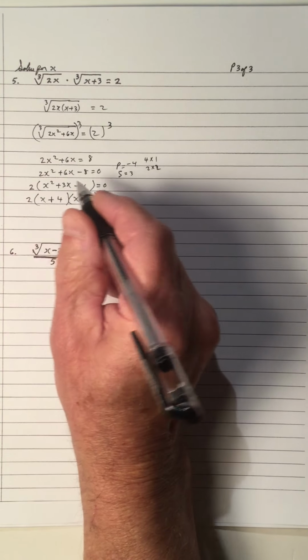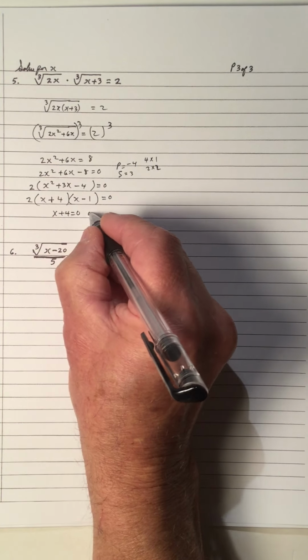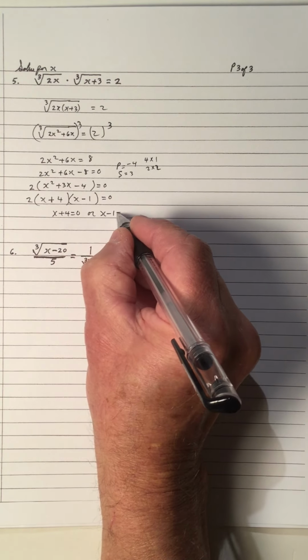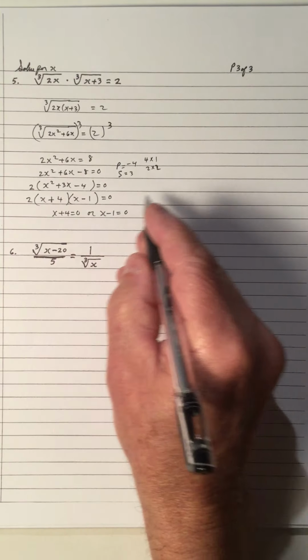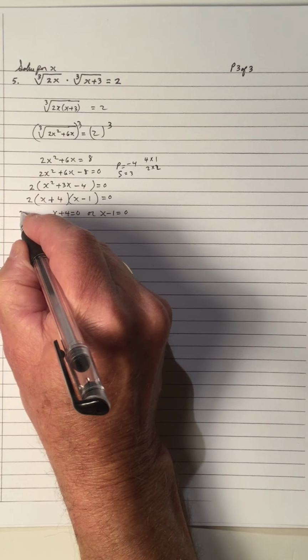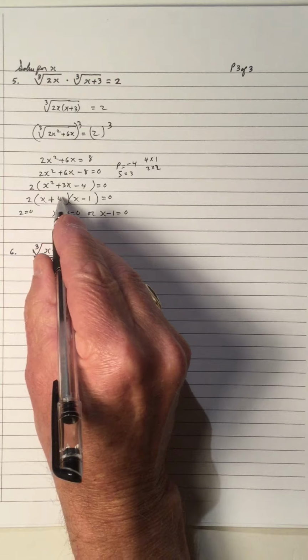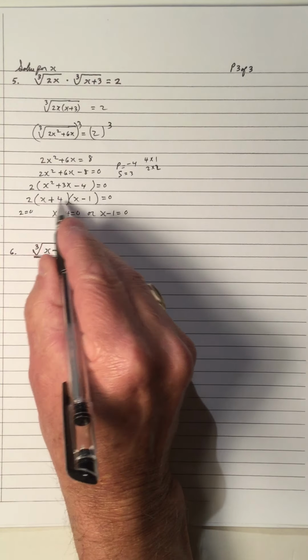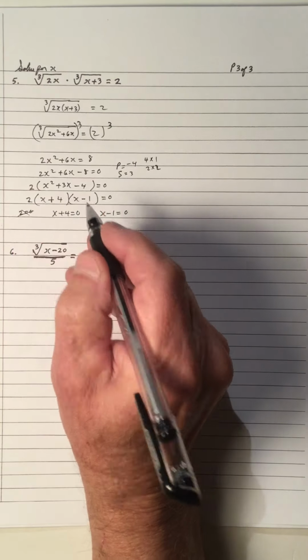Now, 2 has no bearing, so x plus 4 is equal to 0, or x minus 1 equals 0. I could have divided by 2, but you can't say 2 equals 0. The roots are going to come from inside this bracket, not this one. So we can't say 0 equals 2.